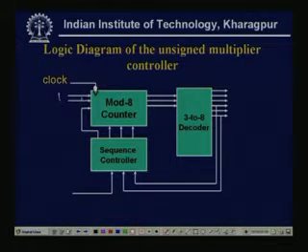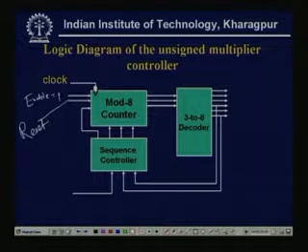When the enable line is high, it counts; this is a reset line, and this is a load line. So these are enable, clear and load, and the 3 outputs are O0, O1, O2.